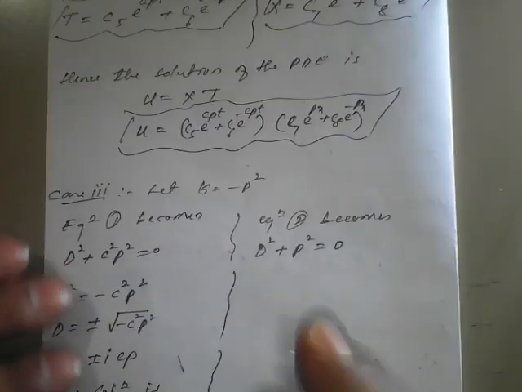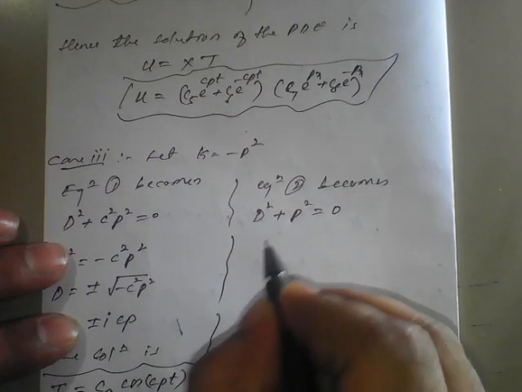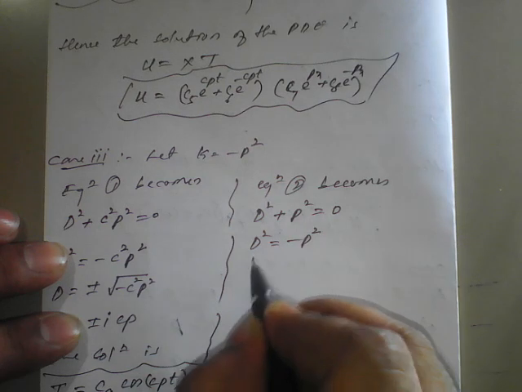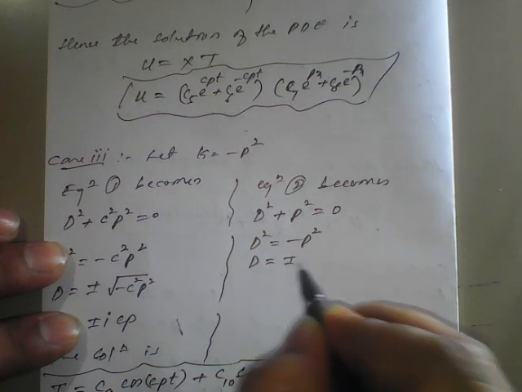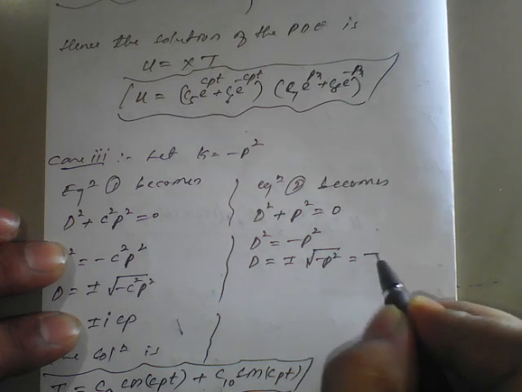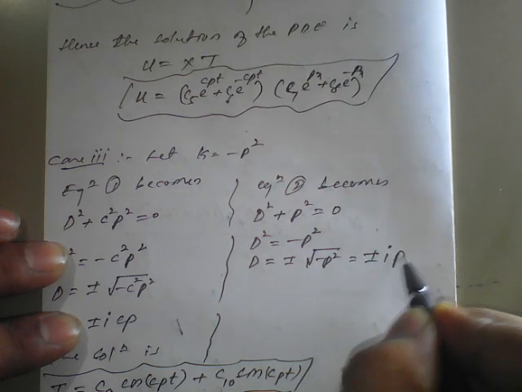And here for this, it will be d square is equal to minus p square, or d is equal to plus or minus square root of minus p square, which is nothing but plus or minus i times p. So therefore this is also complex.